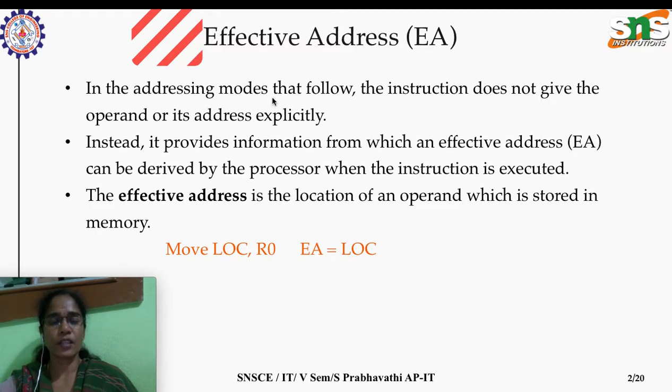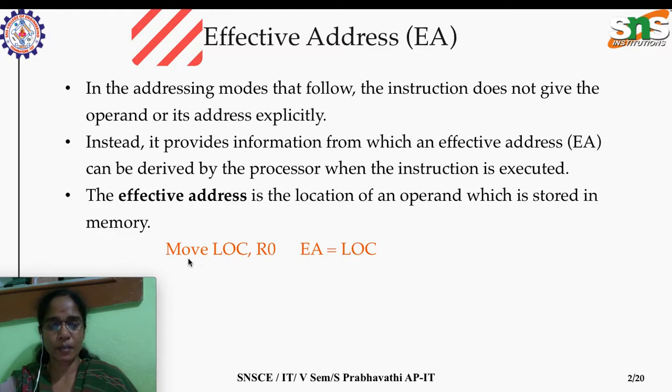In the addressing modes which we are going to see, the instruction does not give the operand or its address directly. It provides some information, and from that information we need to get the address of the operand. When we get the location of an operand, we call that the effective address.